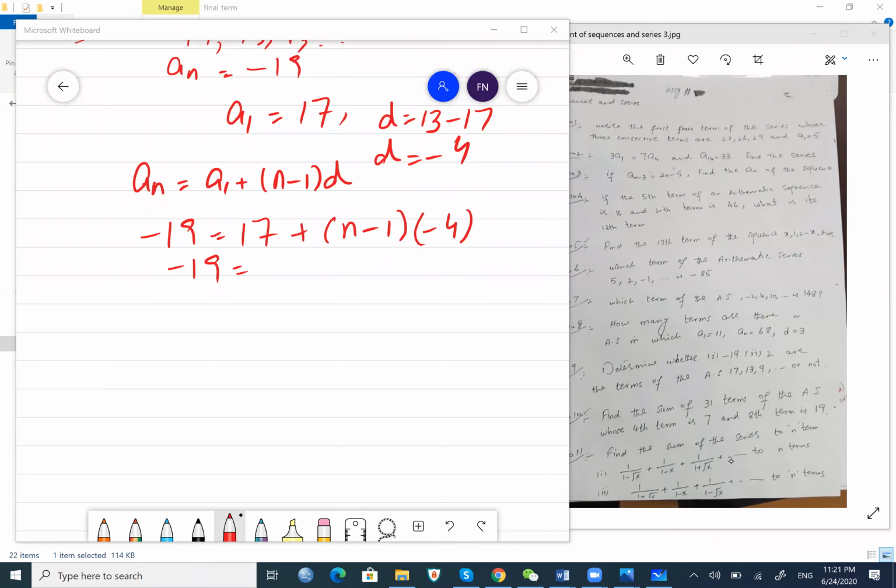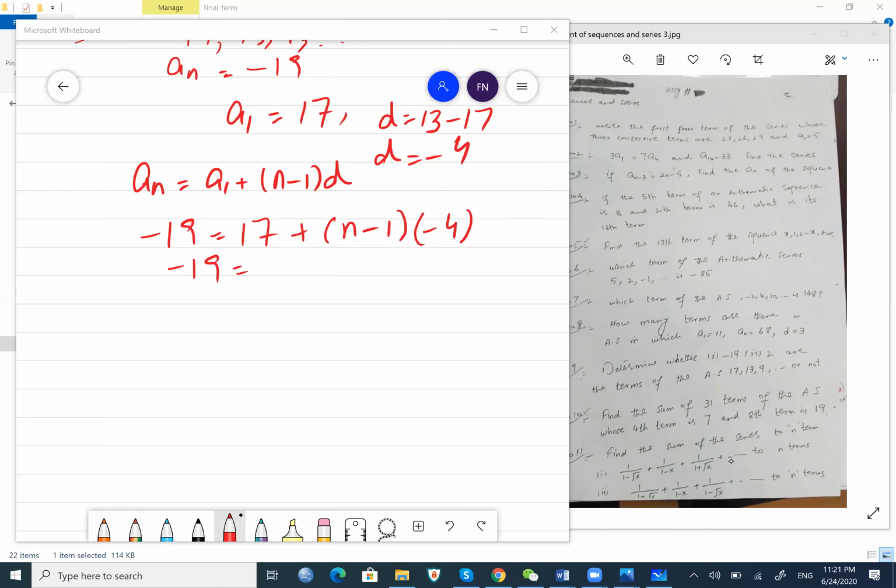Let me rejoin. Can the other students see, or can nobody see my screen? I can see it. Okay. Can you see now? Yes, okay, I can see.